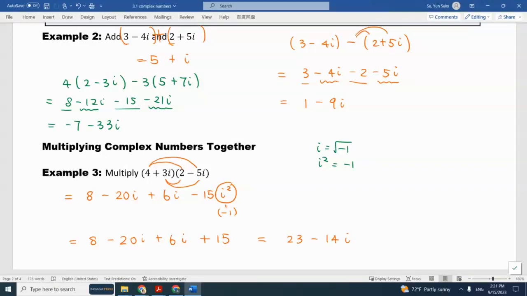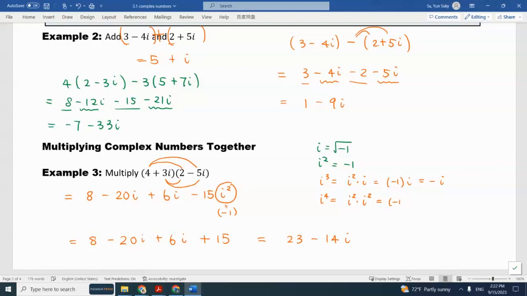So, actually, I is square root of minus 1. I squared is minus 1. And you can keep going. So, you get I cubed is like I squared times I. Do you agree? And replace I squared by minus 1. So you get minus 1 times I is minus I. And I to the 4th is actually I squared times I squared.